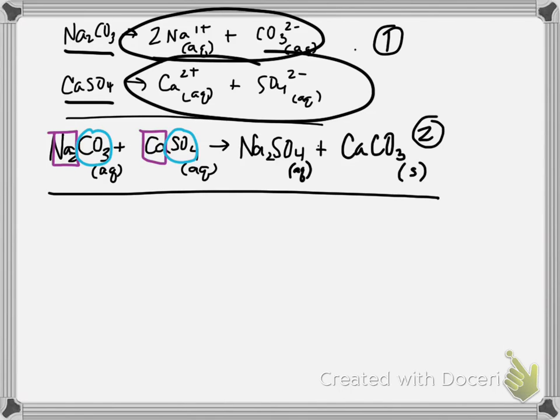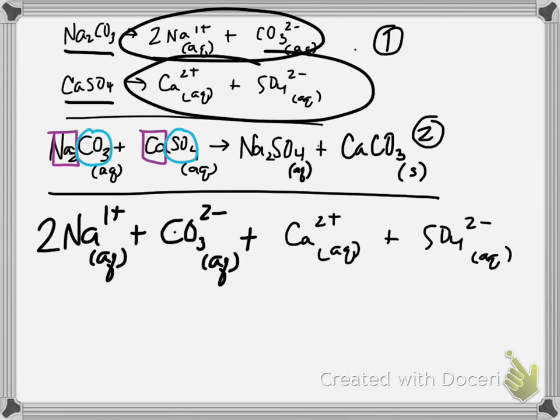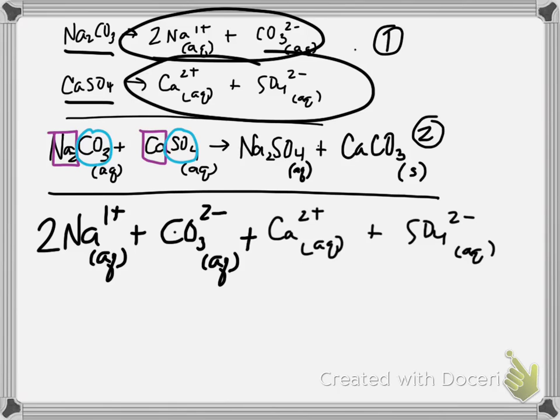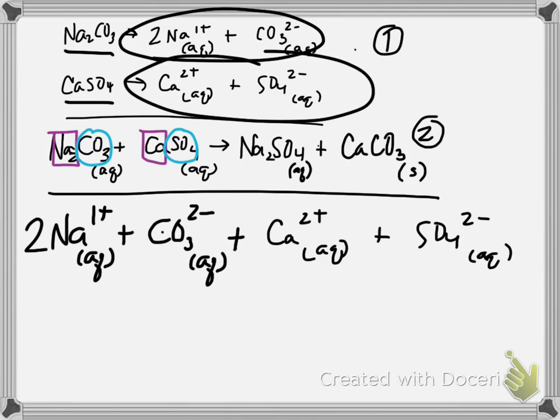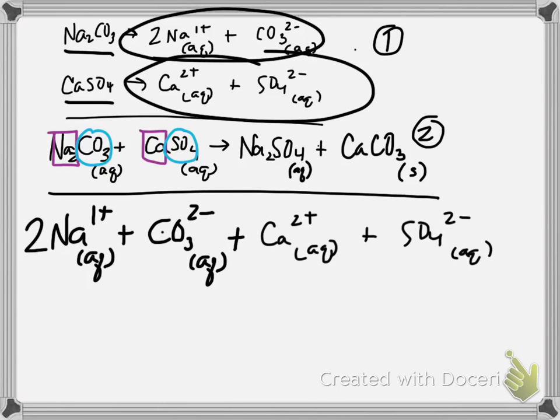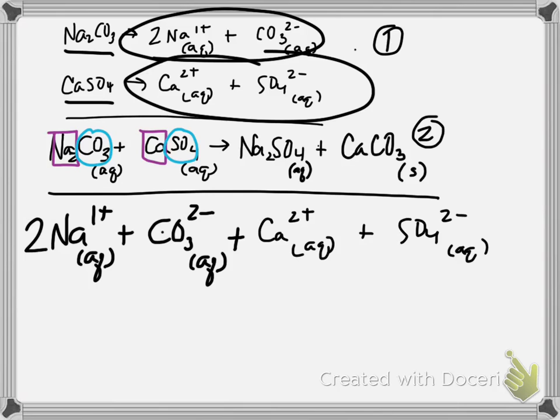So what we're really putting together when we mix these things in a beaker or a flask or whatever we're mixing them in is, what we're really putting in as our reactants, is all these ions just kind of floating around in their stuff. So that's actually the reactant side of our equation. I'm going to have to shrink this up a little bit just so I can fit stuff.